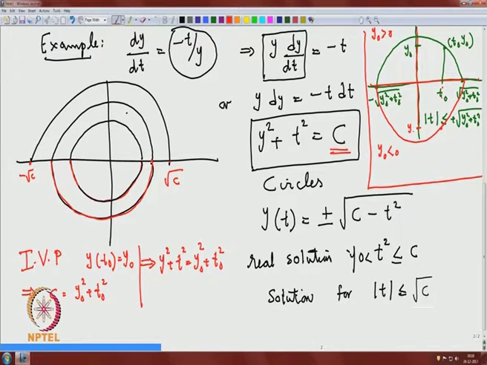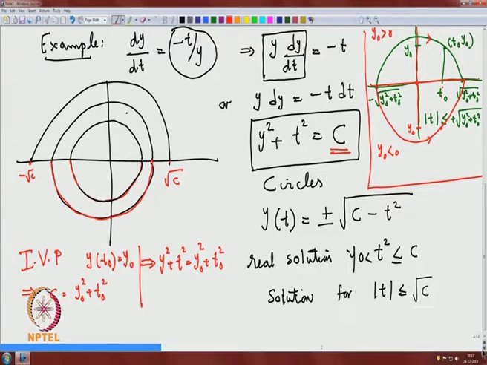The solutions will come in like that, and the solution is defined on this interval. Of course, you have trouble at the origin because of the singularities. It is an interesting example of a separable equation that one can deal with.